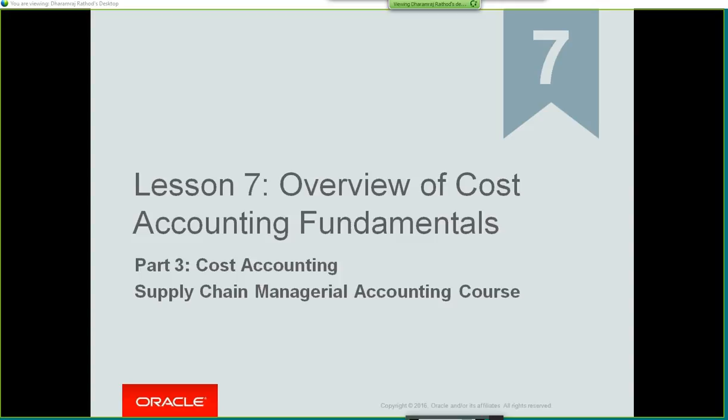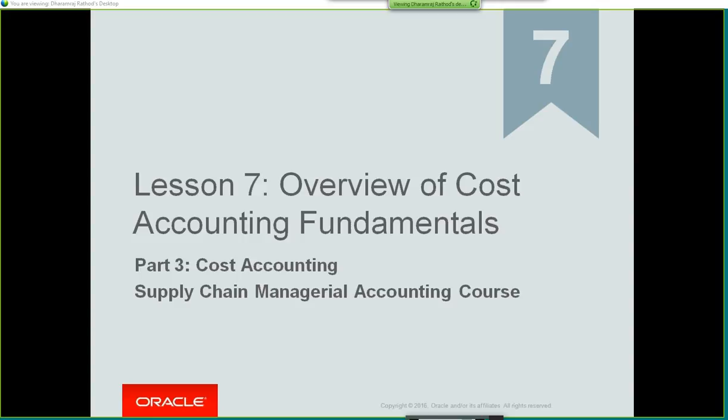Cost accounting, once you set up, you are done. You would eventually run ESS jobs, and you should be able to look at your cost, at the level at which you have set it up, in terms of how you want to track and look at the cost of your quantities or the inventory.